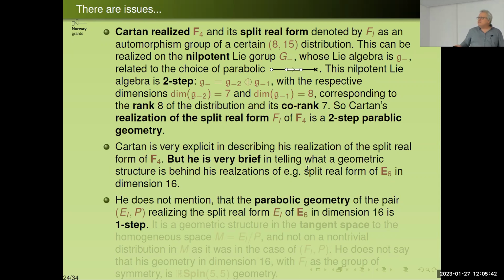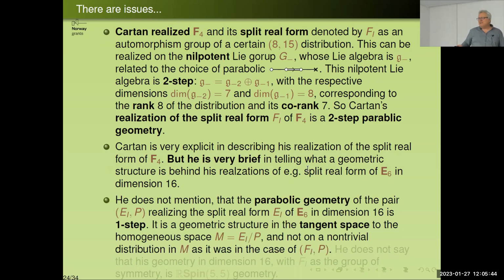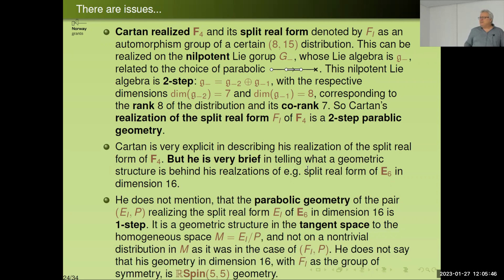Actually, E6 is the symmetry group of a Spin(10) times R structure on the tangent space.